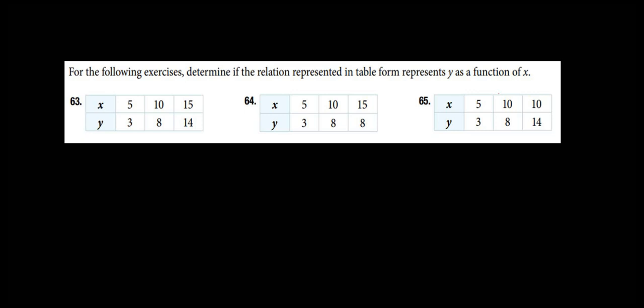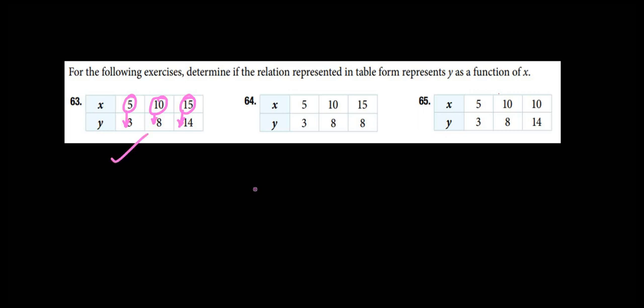So now let's look at question 63. 5 is an input value with an output value of 3. 10 is an input value with an output value of 8. 15 is an input value with an output value of 14. So for every input value in this table, we have exactly one output value. Therefore, question 63 is a function.